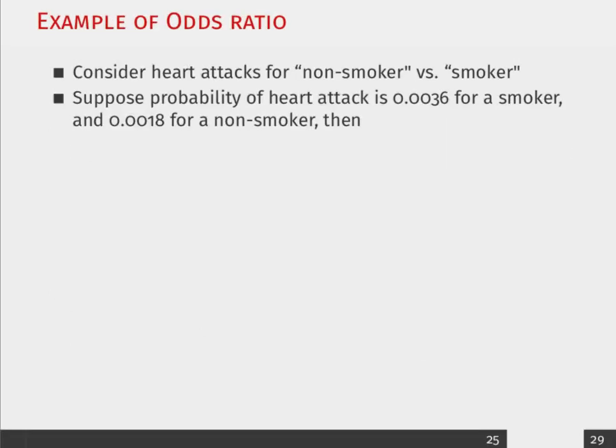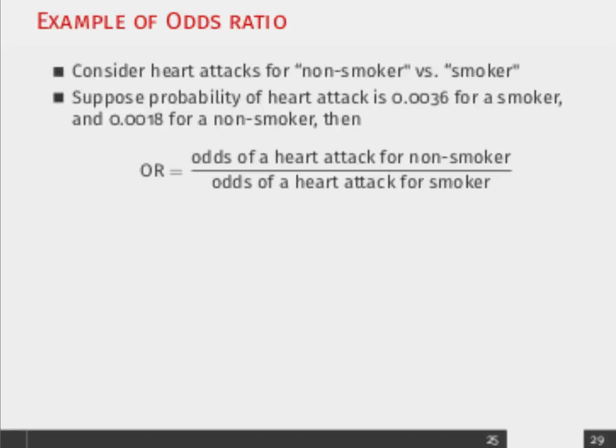Now, again, going back to this example, let's think about having a heart attack as our outcome, and our two groups are non-smokers and smokers. So we can suppose the probability of a heart attack is probably a little bit higher for a smoker than a non-smoker. Here I've got listed that the probability for a smoker is 0.0036, and it's about half that for a non-smoker.